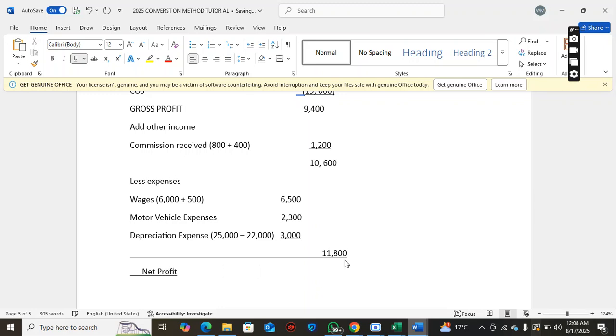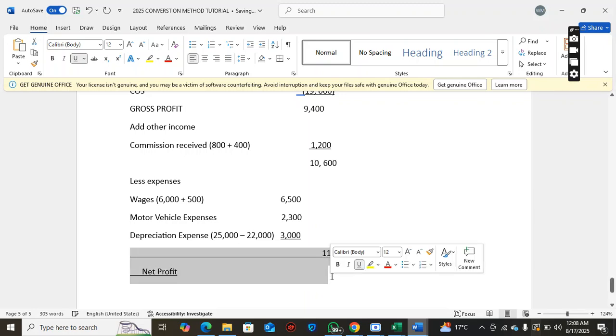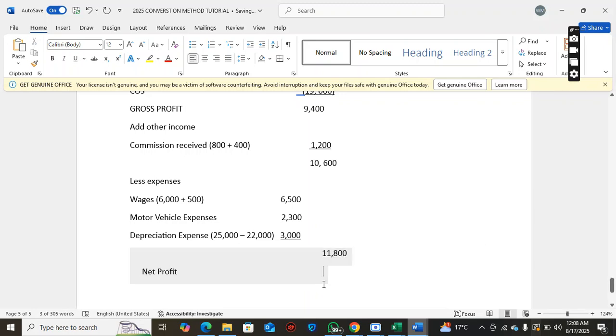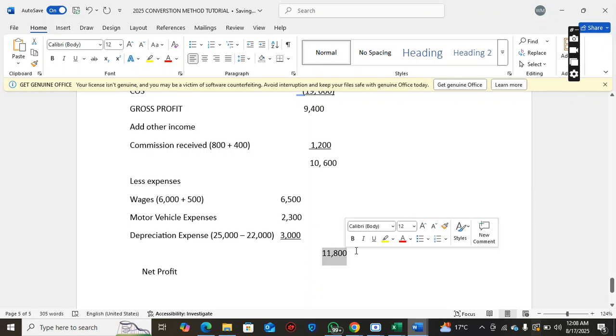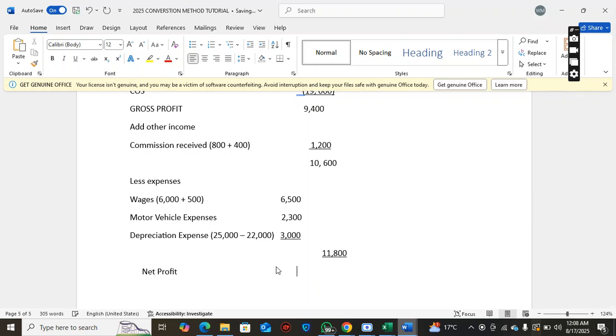Not all businesses make profits. Okay, negative 1,200. Yes. So they've made a loss.